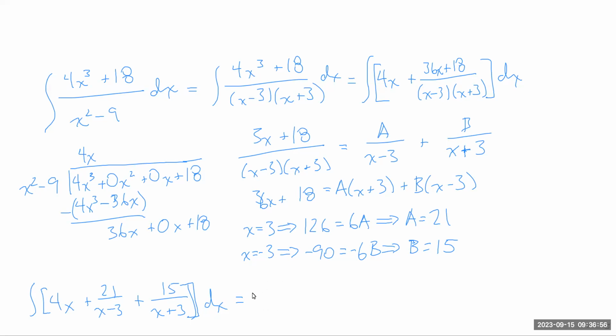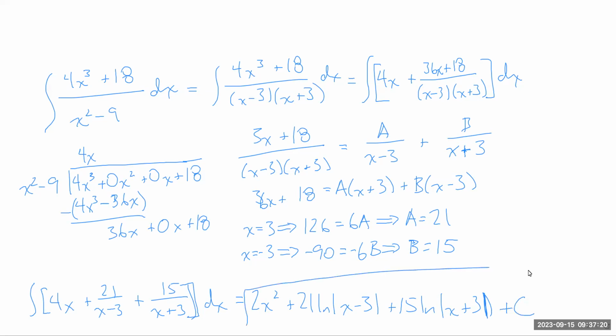Two x squared, 2x squared. Plus 21 natural log of absolute value x minus 3, plus C. Plus 15 natural log of absolute value x plus 3. Good. Any questions?